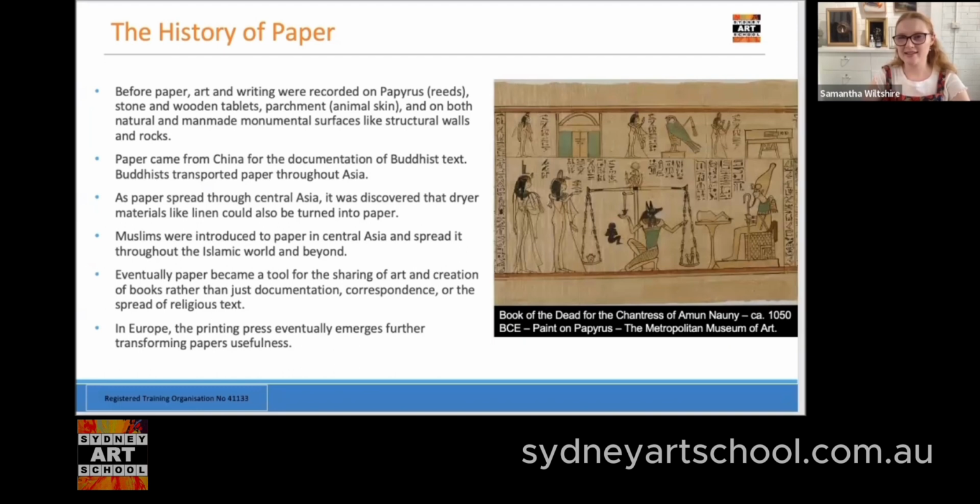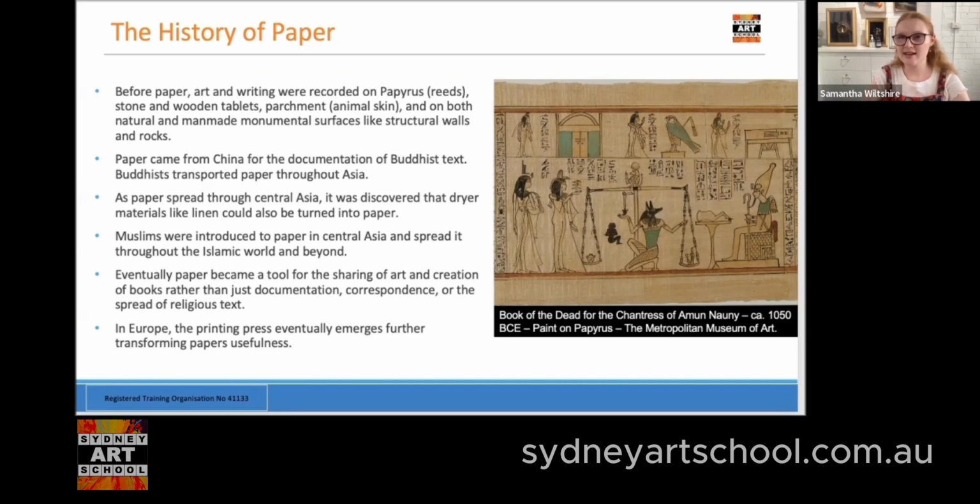Paper, as we might understand it today, originated in China, and it was originally for the documentation of Buddhist text. Then these Buddhist scholars would transport their paper throughout Asia. As the paper spread throughout Central Asia, it was discovered that drier materials like linen could actually be used to create paper as well.